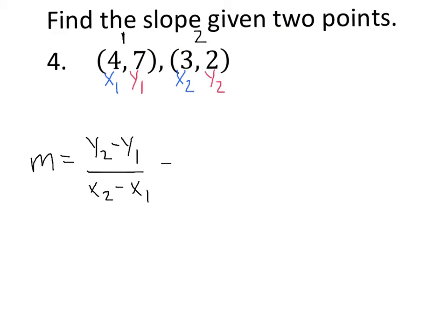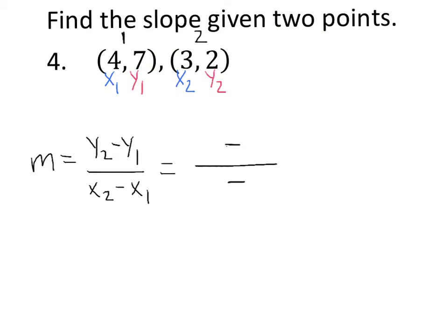So we can go ahead and fill those in to our equation. Now, one thing you want to make sure you do is keep this subtraction or negative sign in the problem. So I always just put that in there first, because now all we're going to do is take this y2 value and this y1 value and just put them into our equation.